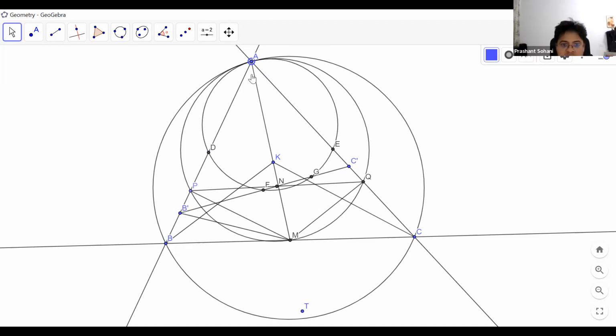Now we consider an inversion with radius squared as AM squared by 2. It sends these two points to each other. So it sends the circle to the line and vice versa, and keeps these two points fixed. So AF squared will be AM squared by 2. And so this length upon this length will be 1 by root 2, which implies this length upon this length is root 2. And we are done.